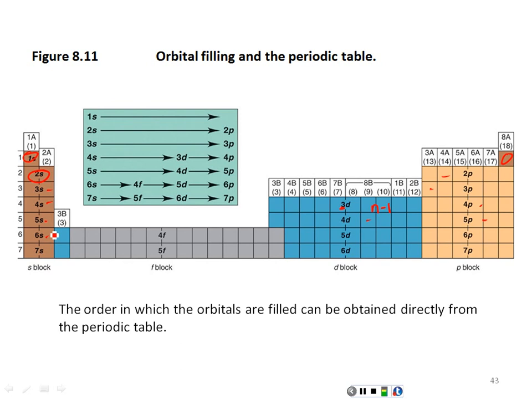Now with the f, your number is going to be n minus 2. So we're in the 6th row, so the f's actually going to start at 4. So 4f, 5d, 6p.